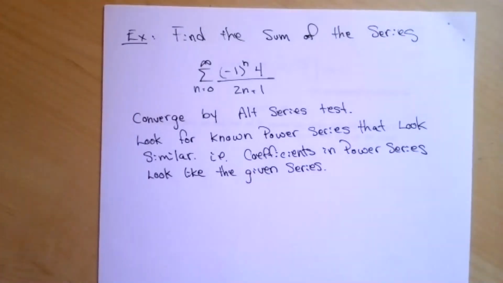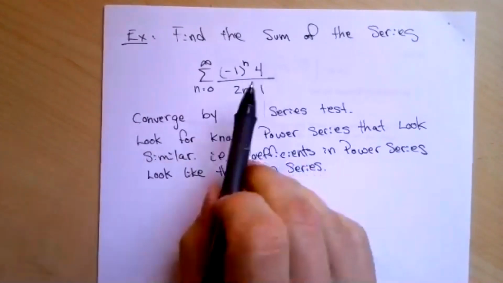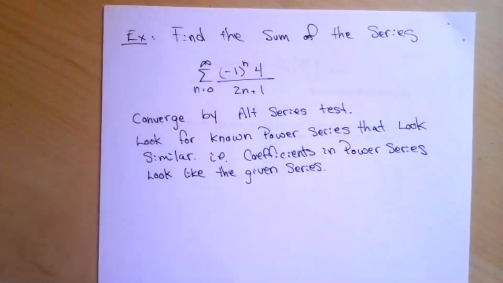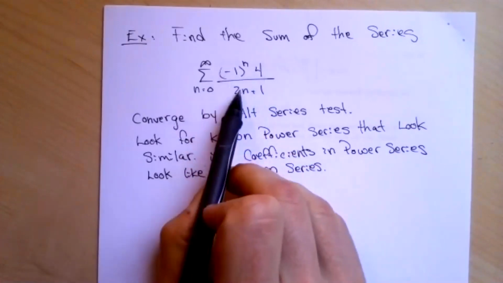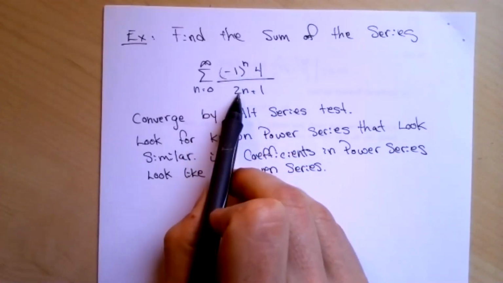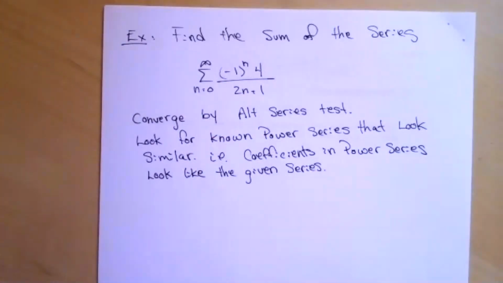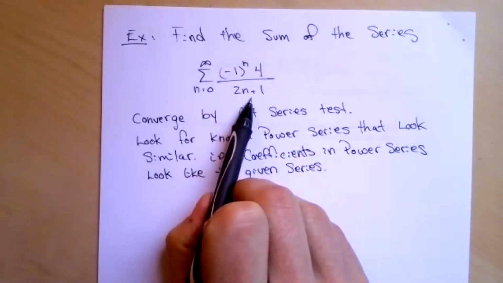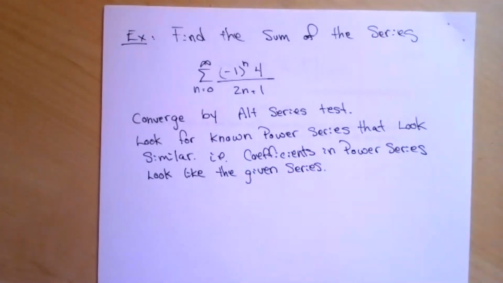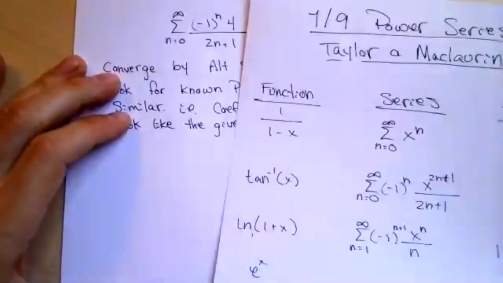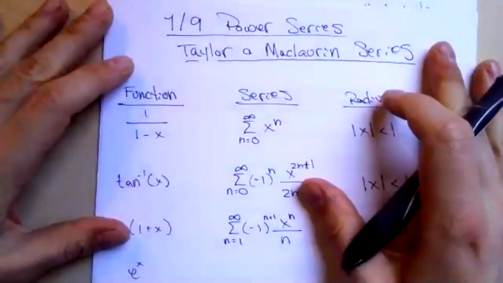What you want to look for are rates of growth and the types of functions that our series behave like. So is the series behaving like 1 over n? Is it behaving like 1 over n squared? Is it behaving like 1 over n factorial, which we'll see? And then you want to match it with our table. So when we look at our table, right now we only have 3 functions.